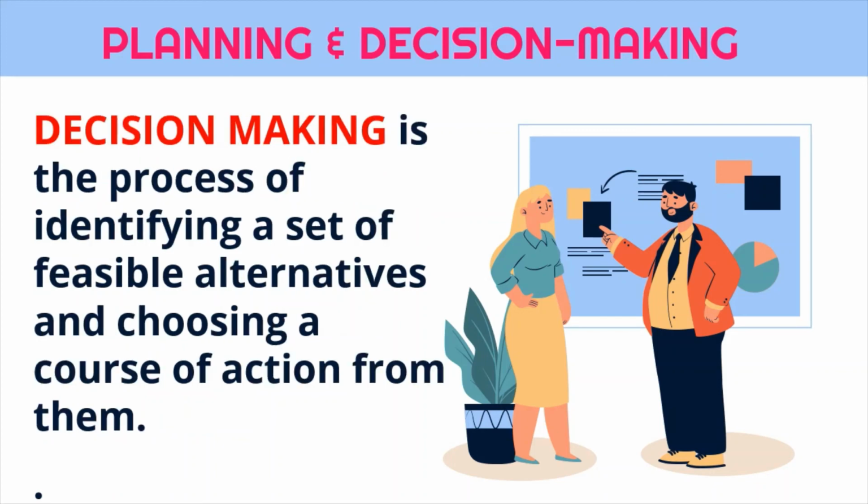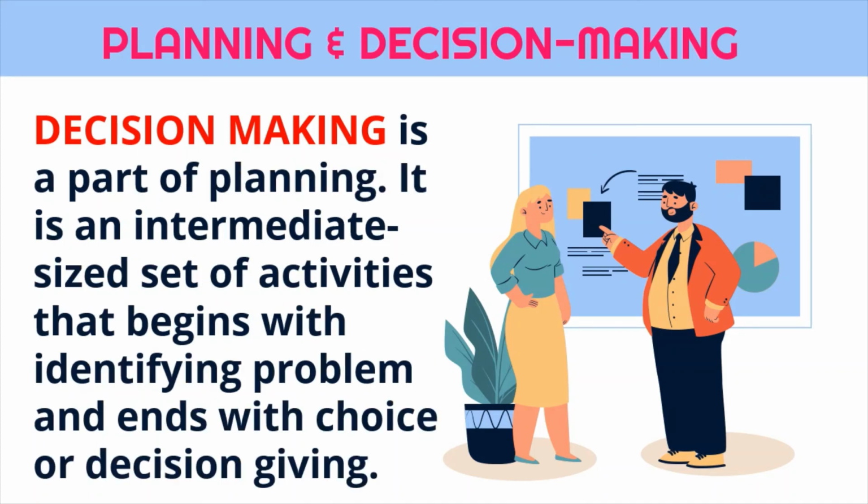Decision making is the process of identifying a set of feasible alternatives and choosing a course of action from them. It is part of planning. It is an intermediate-sized set of activities that begins with identifying problems and ends with choice or decision giving.